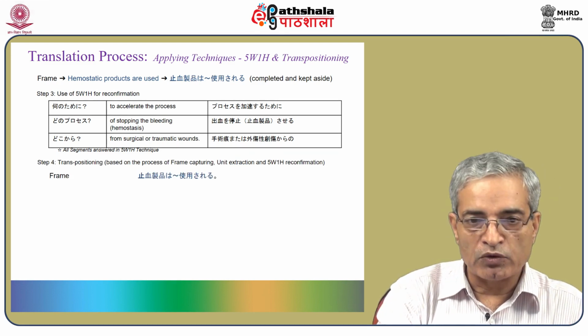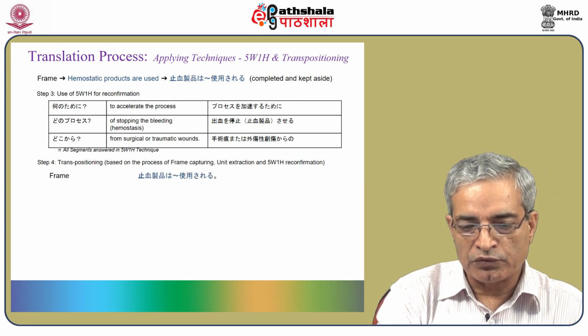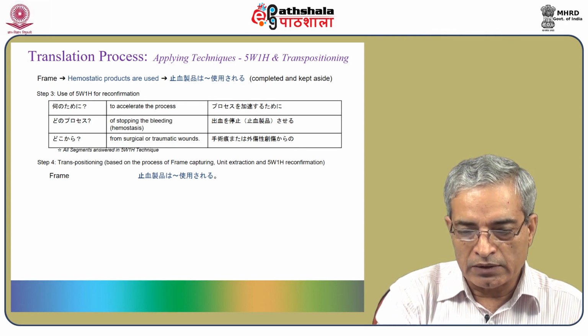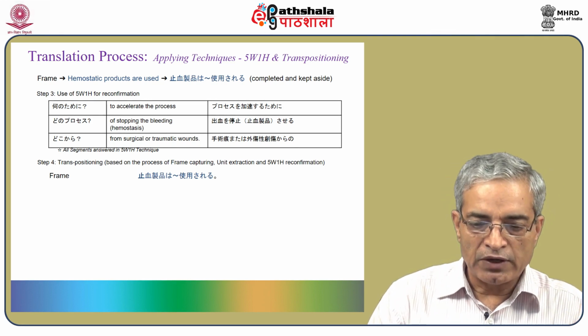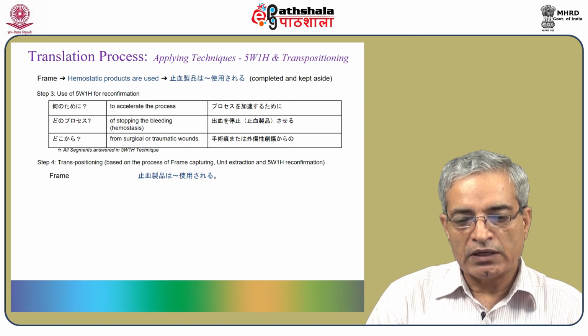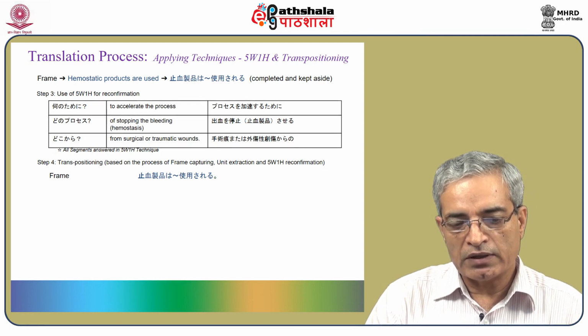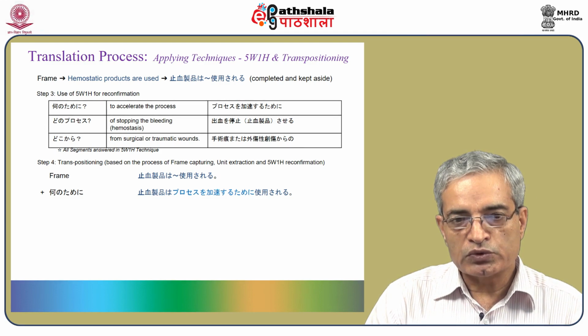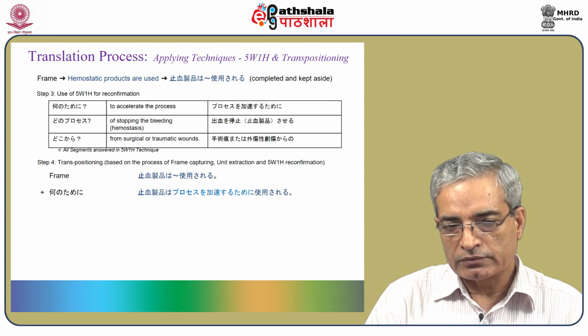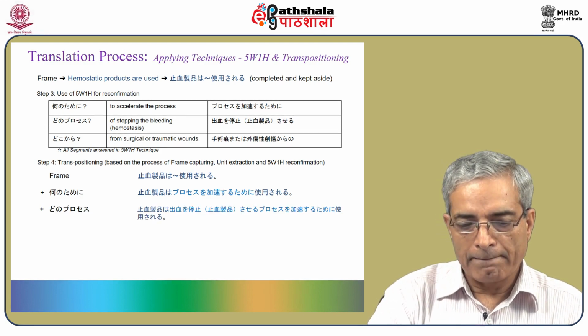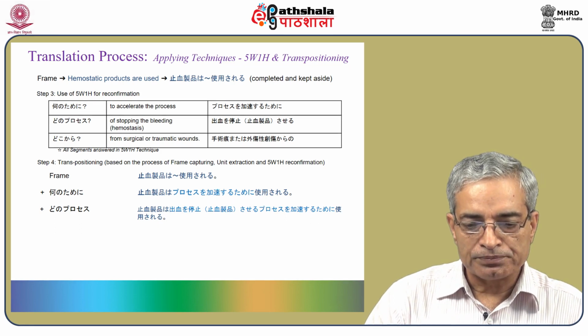And let's list them up now one by one. It's frame, then nan no tameni. First the frame is shiketsu seihin wa shiosareru. Shiketsu seihin wa process o kasokusuru tameni shiosareru. Let's see the other one. Dono process.